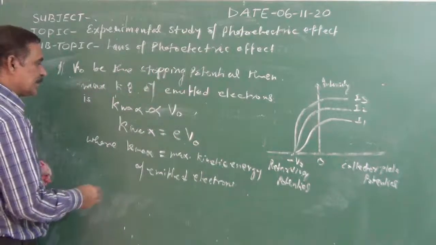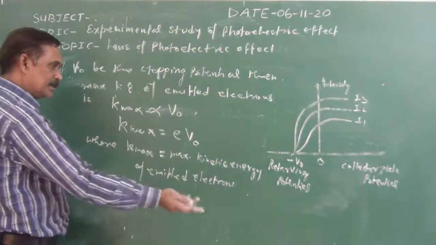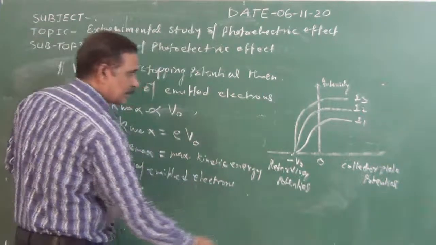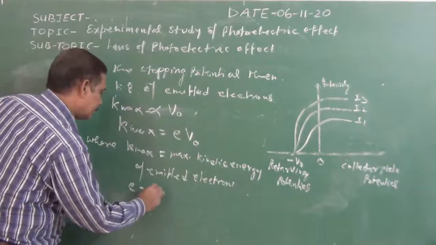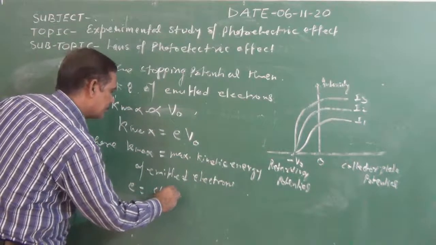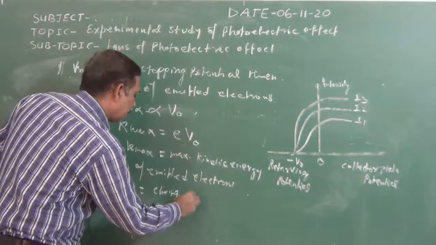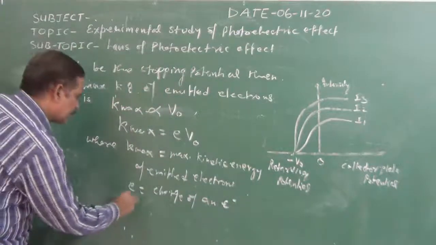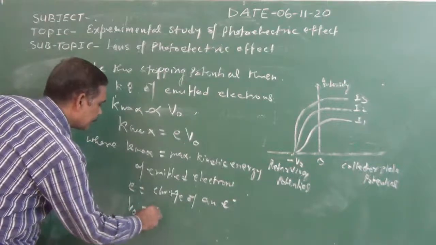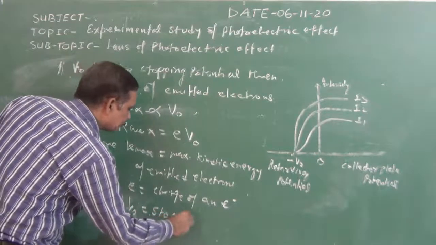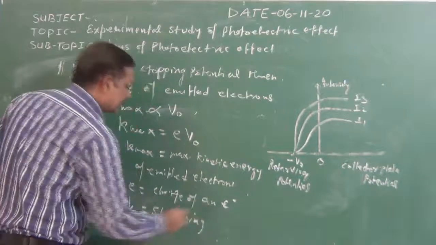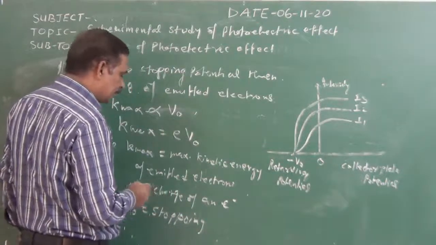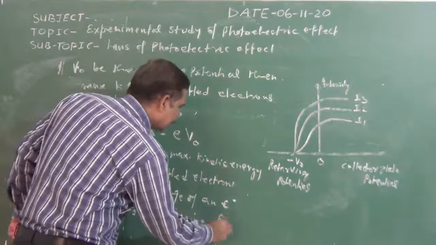V naught, the stopping potential, is the negative potential at the collector plate, or retarding potential.